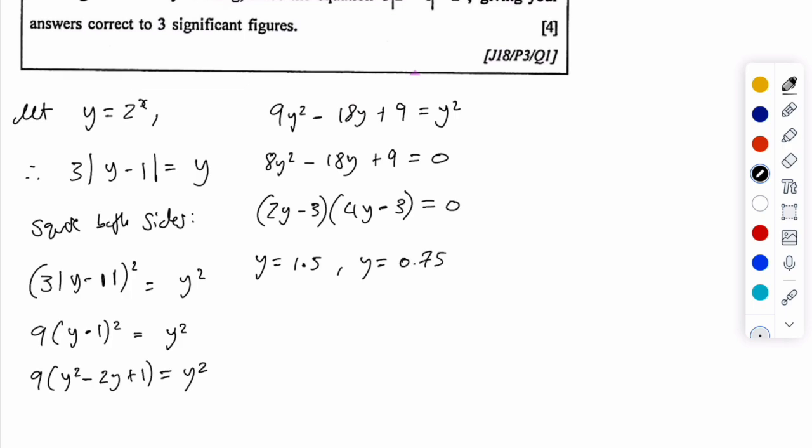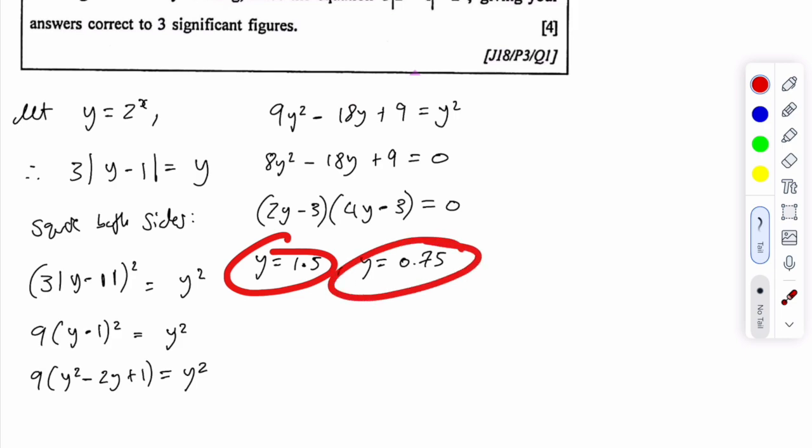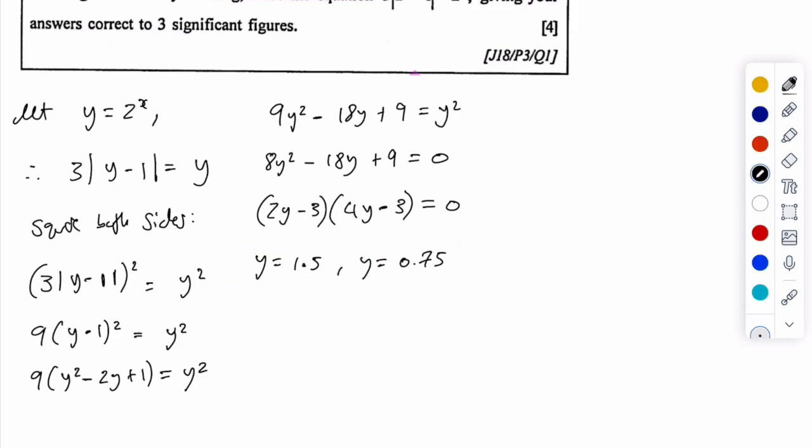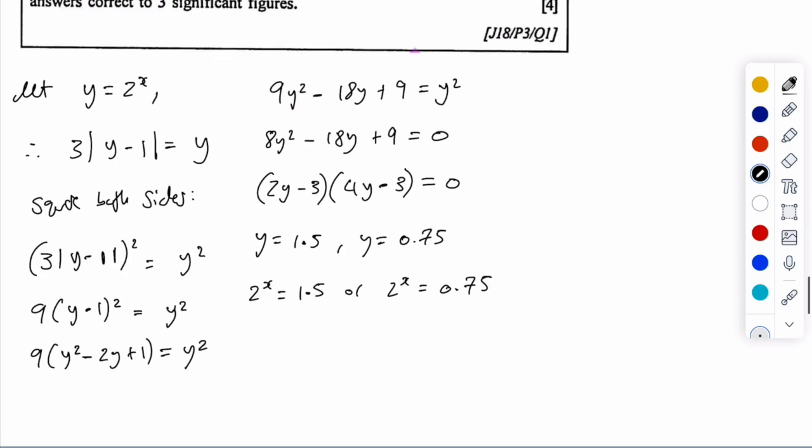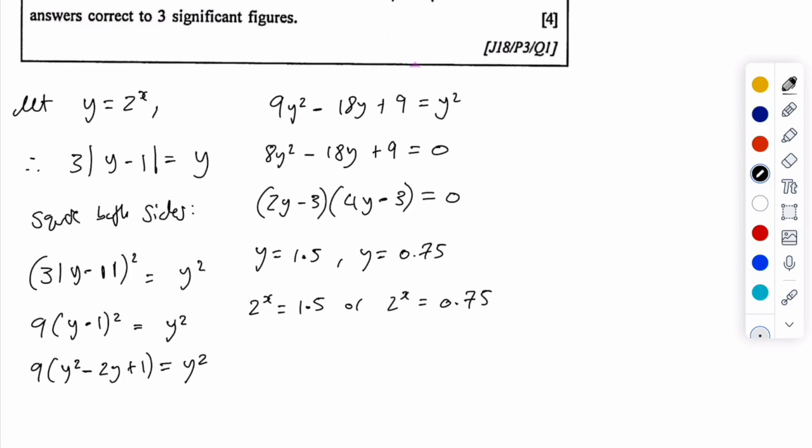So therefore, we've got our values of y, so we can plug back in. We can say 2 to the x is equal to 1.5. 2 to the x is equal to 0.75.